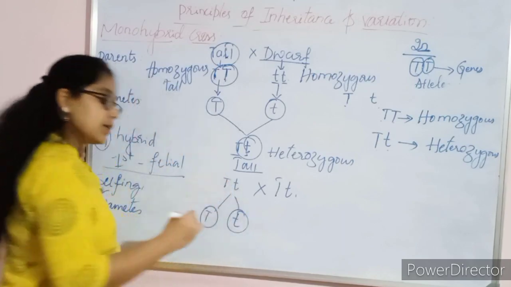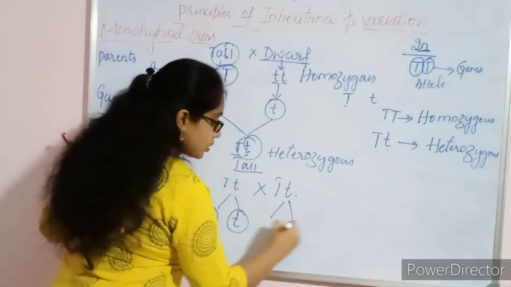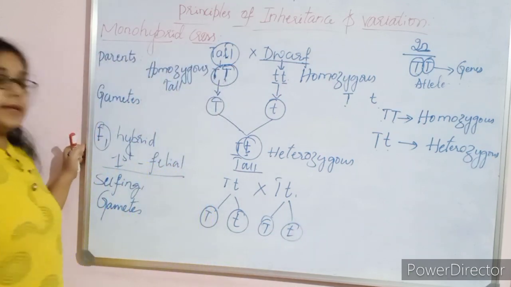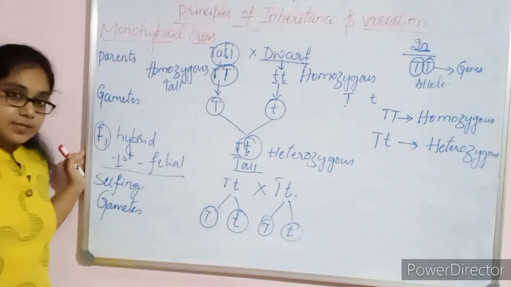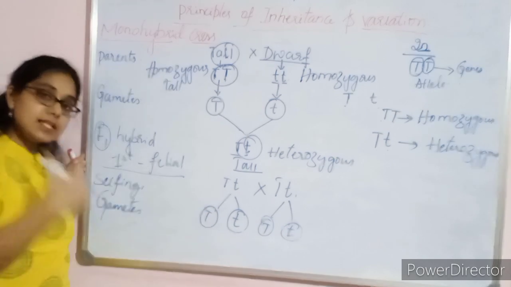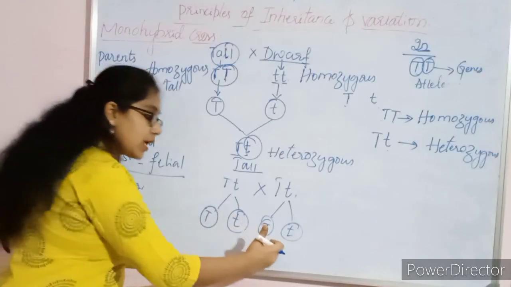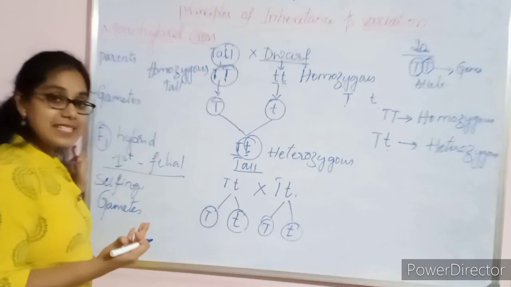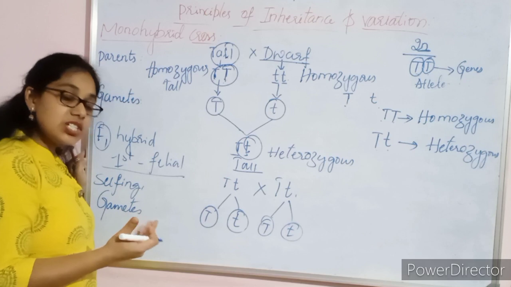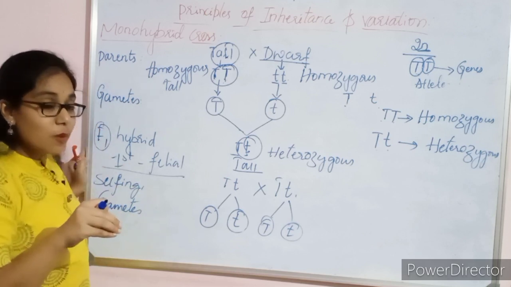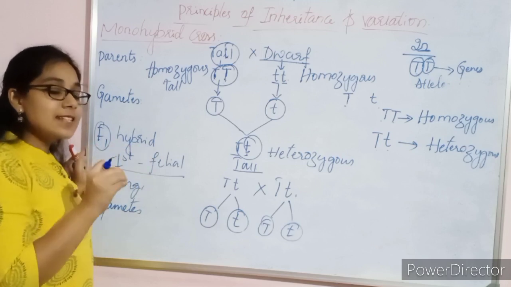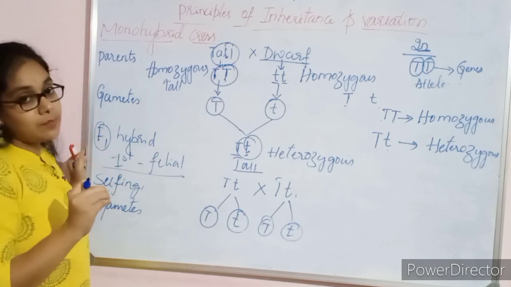Another one is small t, write it in a circle. Understood? So these are the gametes. Next, after release of gametes they have to undergo fertilization. Then after fertilization a diploid zygote is formed. That second generation individual is called the F2 hybrid.